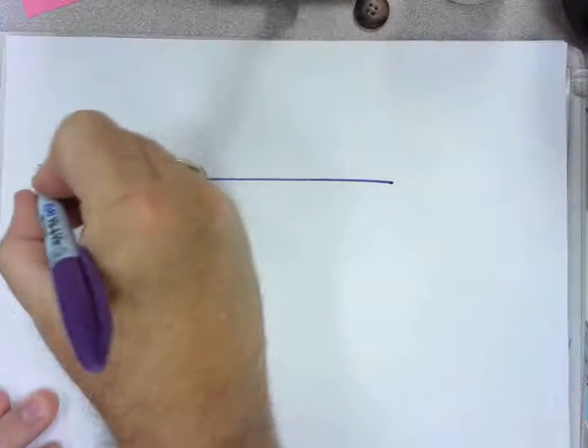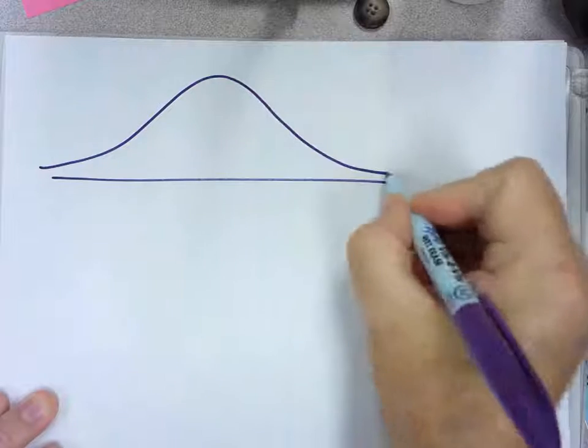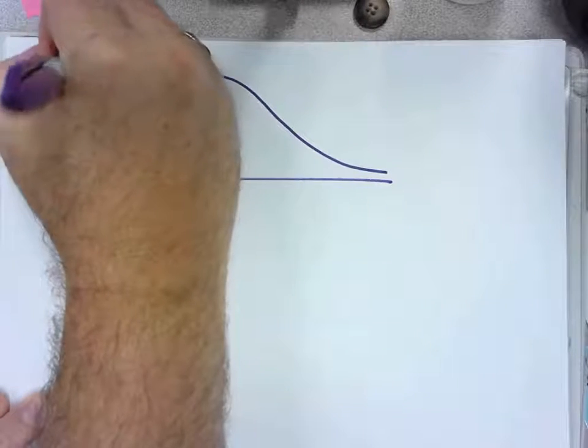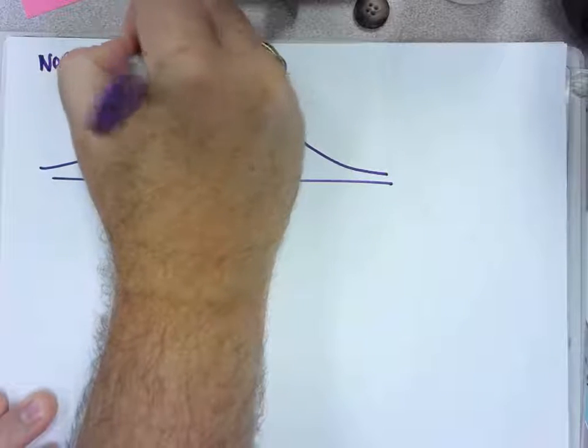Just very, very quickly. The things that are key for you to know for normal distribution are this right here. It looks like a bell curve. This is normal distribution.